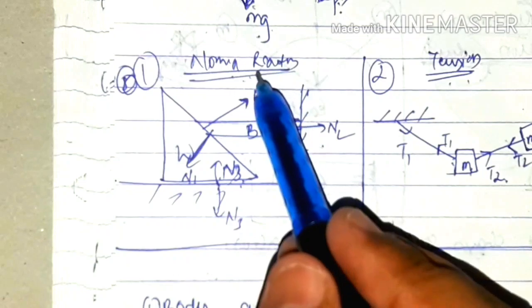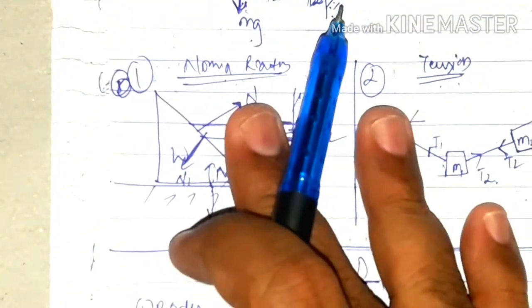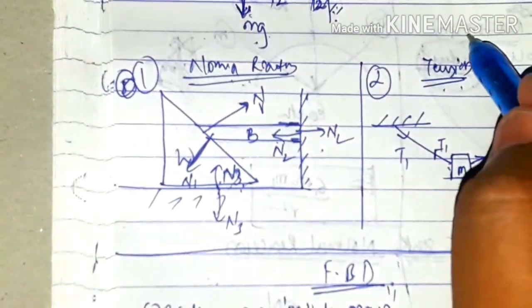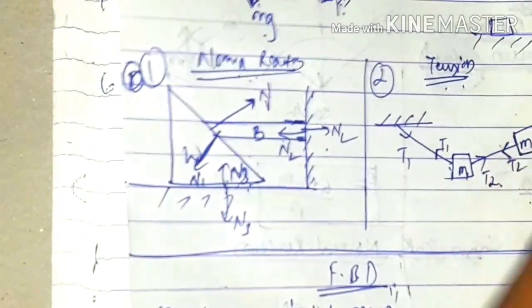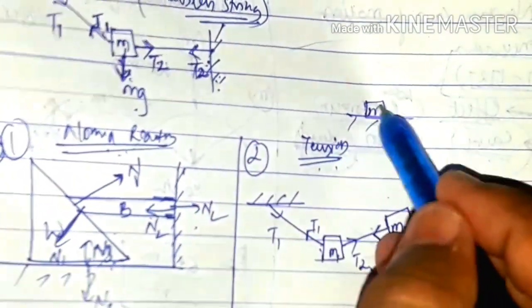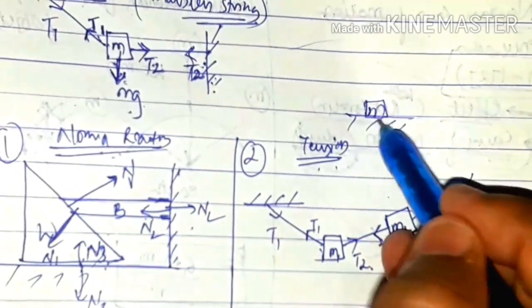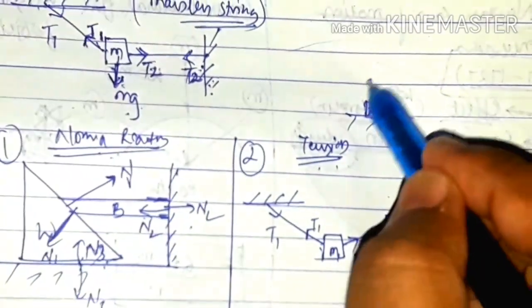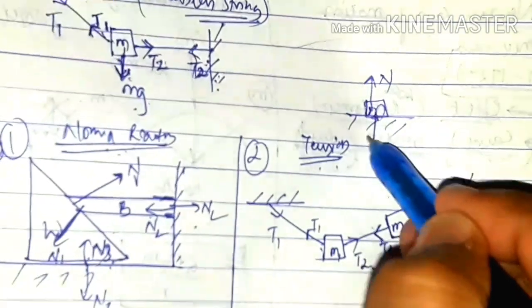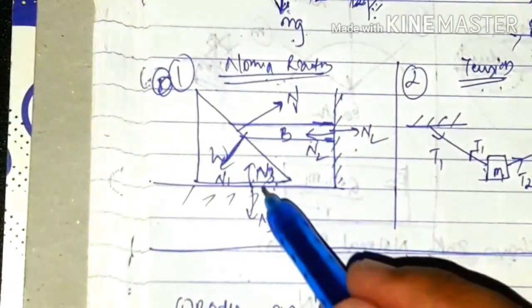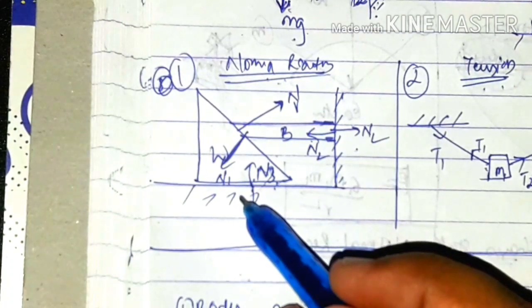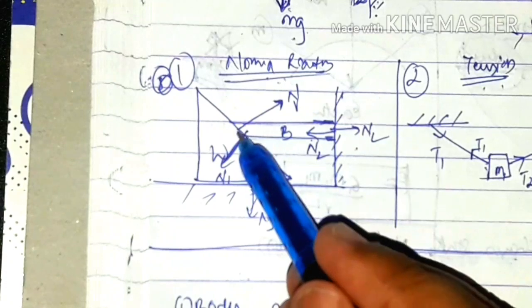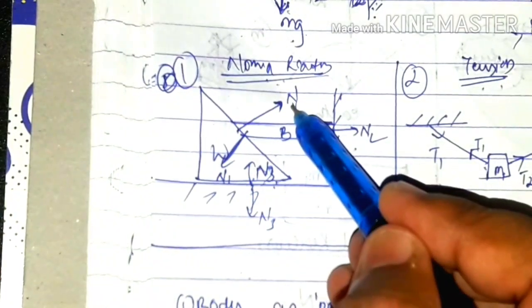Normal reaction. What is normal reaction? You know it very well. If you keep a body of mass m like this on a rigid support, the surface exerts a normal force on this, and in turn this body exerts a normal force downside. Right. Now coming back to this problem, what exactly does it say? Here the normal reaction is going like this.